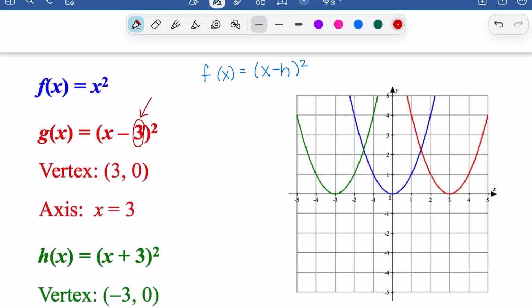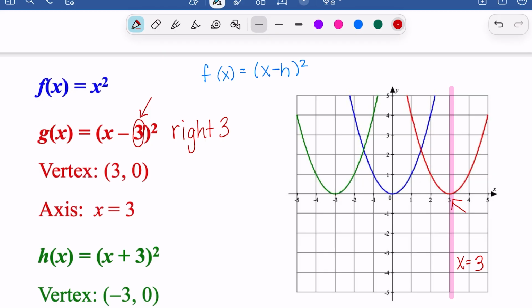So that means that it shifted to the right 3 units. You can see that the vertex changed to (3, 0). The axis of symmetry also changed here. So this new axis of symmetry is at, sorry, x equals 3. So axis of symmetry right here, x equals 3.